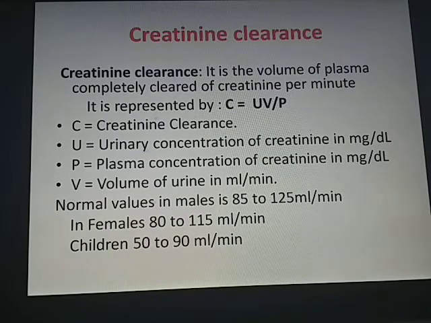Then creatinine clearance. What is creatinine clearance? Creatinine clearance is the volume of plasma completely cleared of creatinine per minute. It is represented by C = U × V / P, which is already taught to you in renal function test. Here C is creatinine clearance, U is the urinary concentration of creatinine in milligrams per deciliter, P is the plasma concentration of creatinine in milligrams per deciliter, and V is the volume of urine in ml per minute.